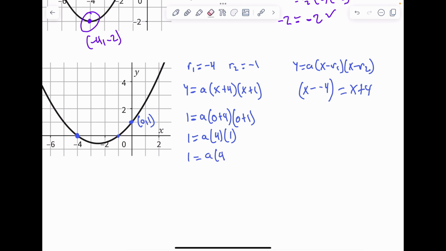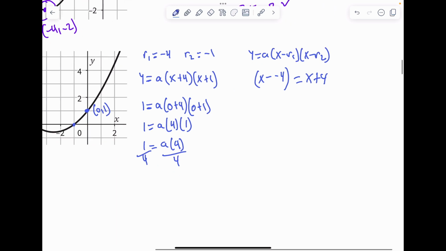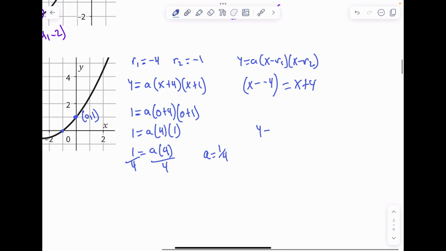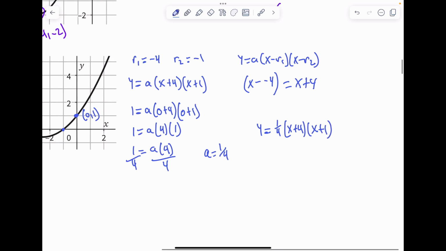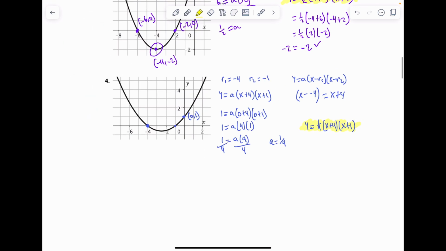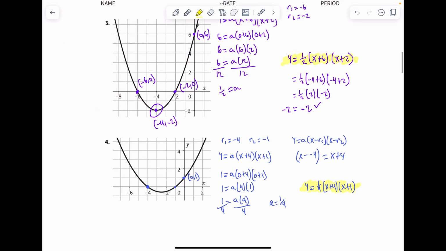Divide by 4. I got that a is equal to 1/4. So then over here I have y is equal to 1/4 times (x plus 4)(x plus 1). This is our final answer.